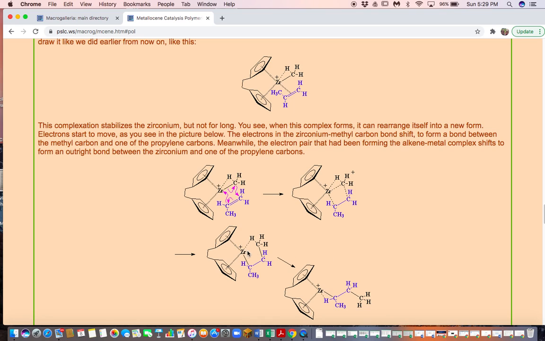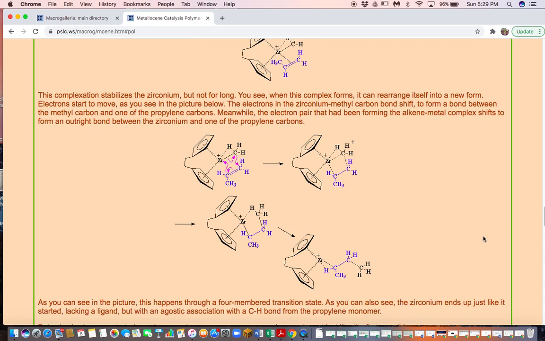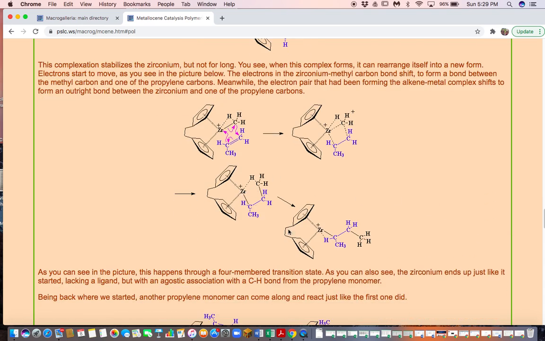This alpha agostic association will break, and instead, zirconium will now form a new alpha agostic association with this CH from the monomer, right? So what we've done is we've taken the carbon-carbon double bond, incorporated it here on the zirconium, and we've chunked that extra methyl group on the end of it.